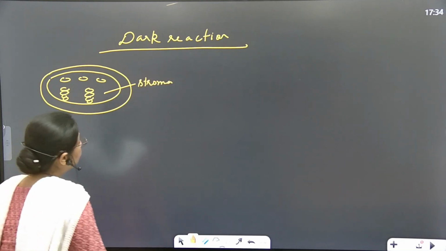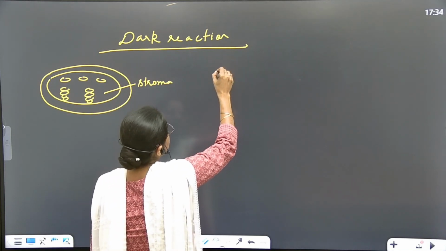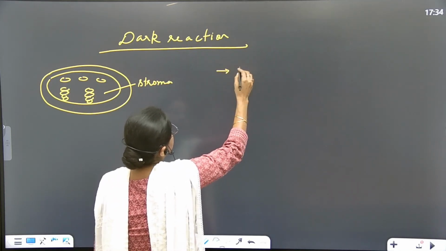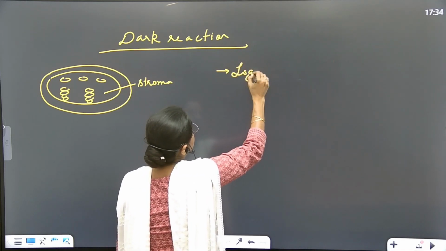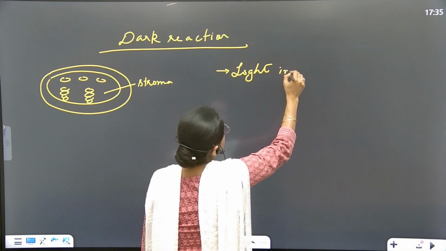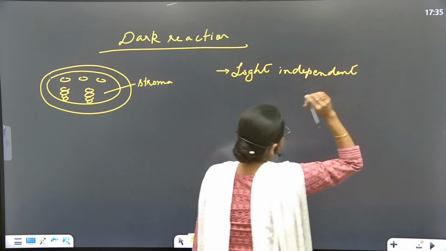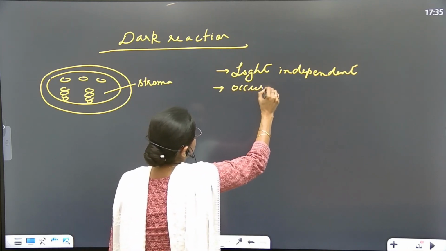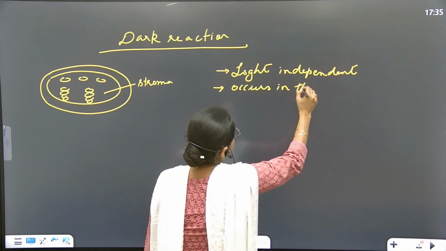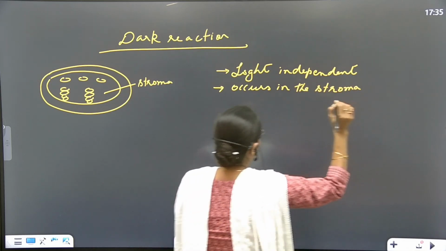Now talking about dark reaction, there are certain points. First, it is a reaction that is light independent. Next, it occurs in the stroma.